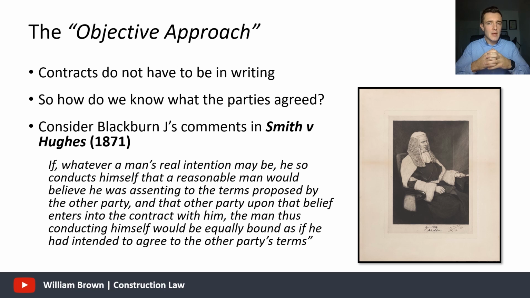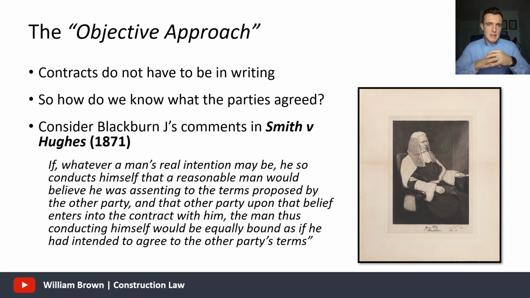I'll say that again. They look at their objective intentions. And what that means in reality is that the courts will put themselves into the shoes of the reasonable man, observing the parties entering into that agreement to try and understand what, objectively speaking, they intended the agreement to be.